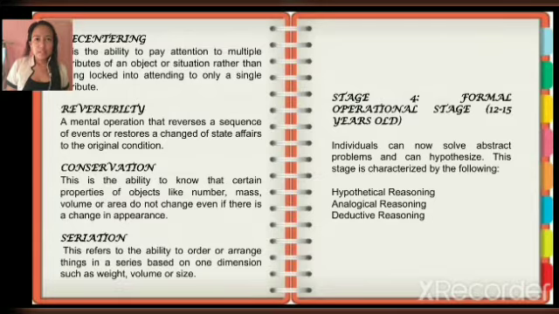Next is the reversibility, a mental operation that reverses a sequence of events or restores a change of state of affairs to the original condition. So, opposite po siya sa irreversibility. So, to continue our example ganiha, diba? The example in irreversibility, the baby is playing with a balloon.